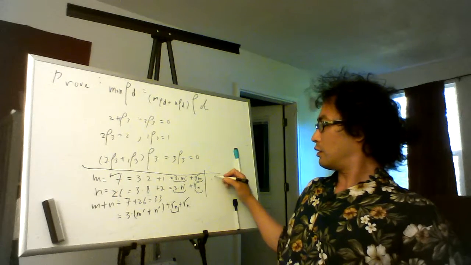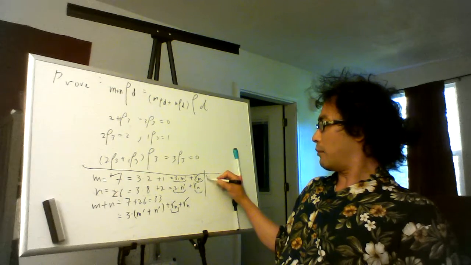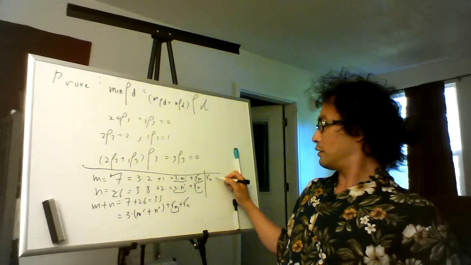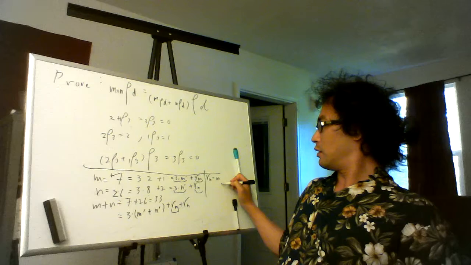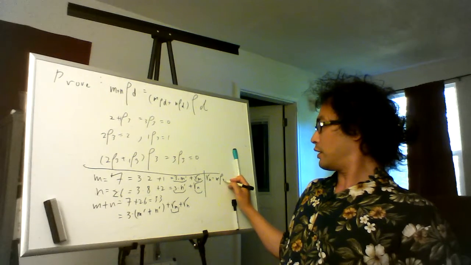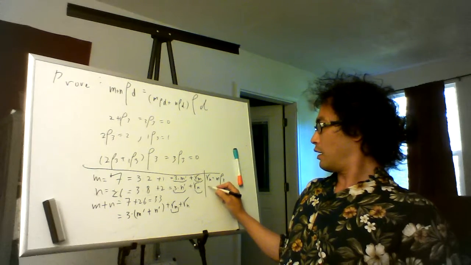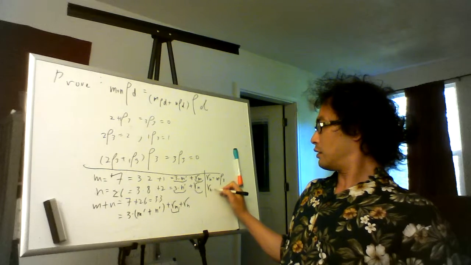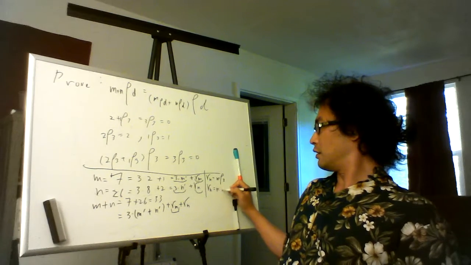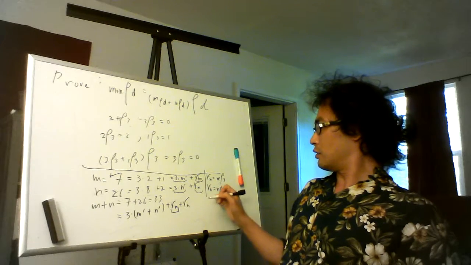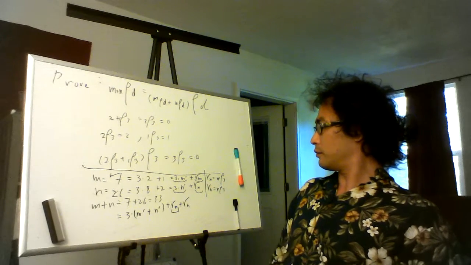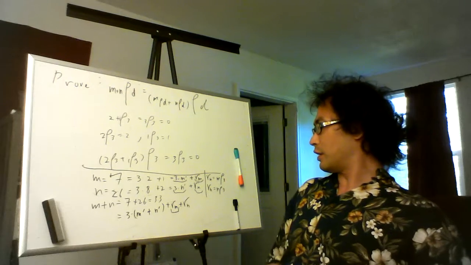So Rm, my friend, is m rho 3. Rn is n rho 3, the remainder when we divide by 3. And that's the proof right there.